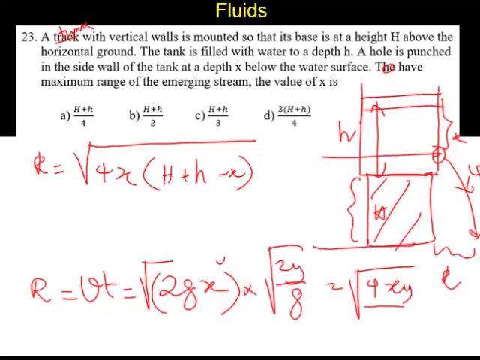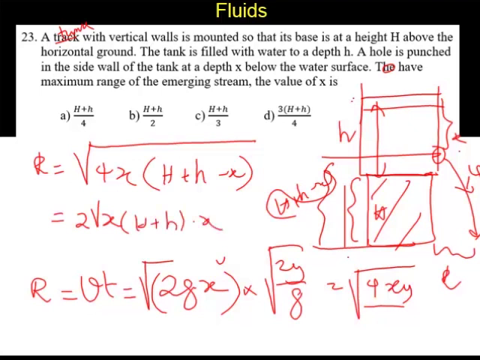So this is h and this is H, total h plus H minus x will give this depth here. So this is the range. The formula for range is root of 4x into h plus H minus x. To have maximum range, we can even take it as 2 into root of x into h plus H minus x also we can say.